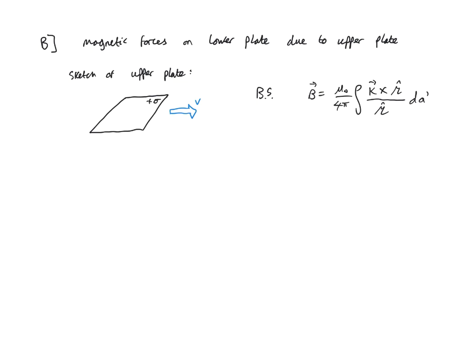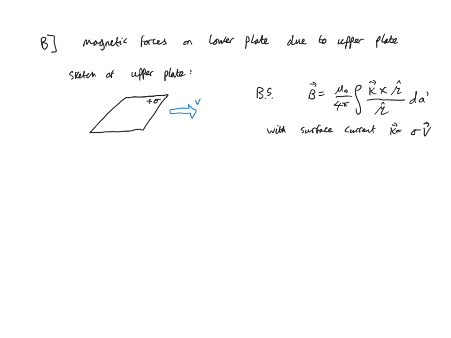And we have a surface current which is basically just the charge density sigma times the velocity v.